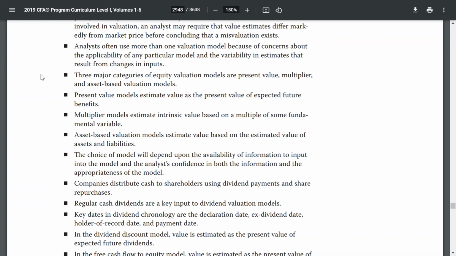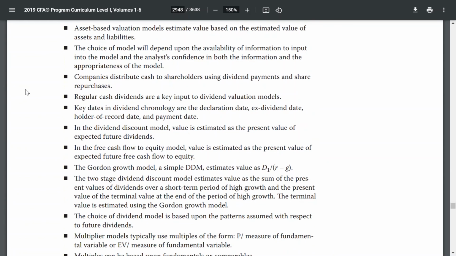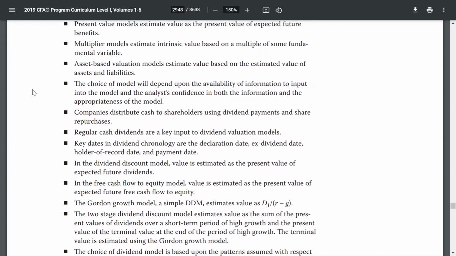I apply, yo. And the variability in the estimates results from changes in inputs. Three major categories of equity valuation models are present value, multiplier, and asset-based valuation models. Present value models estimate value as the present value of expected future benefits. Multiplier models estimate intrinsic value based on multiples of some fundamental variable.